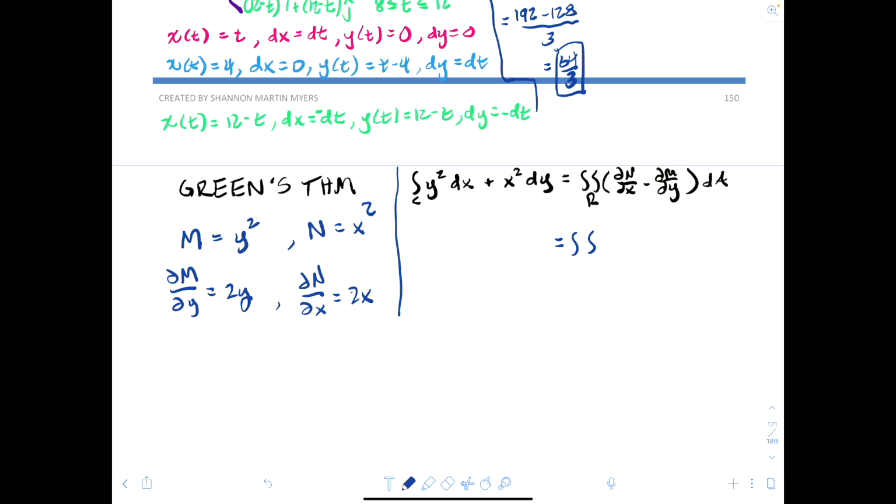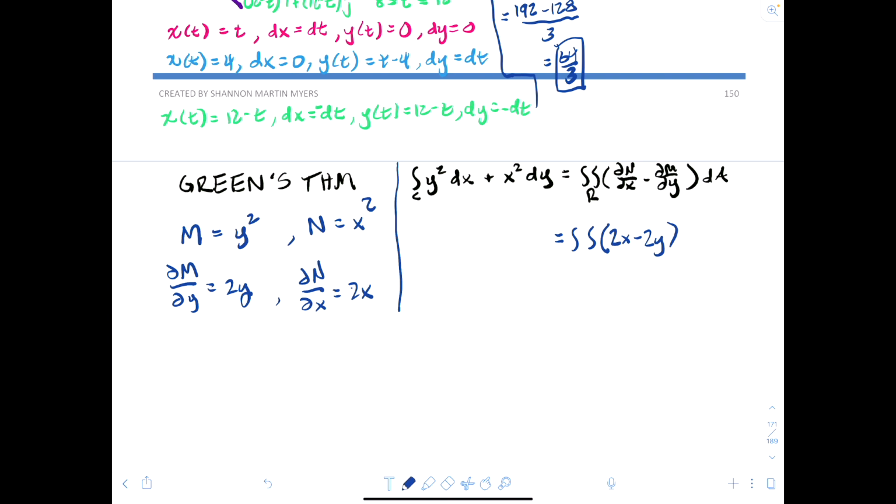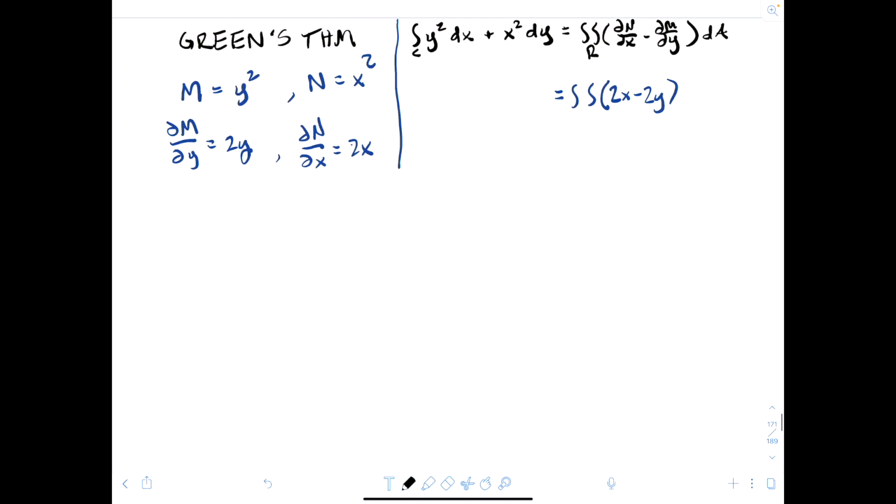First off, the partial of n with respect to x was 2x, and then we'll have minus 2y. Now, for our area, let's copy our picture here. Actually, we're not going to do that. We'll make another one because we're going to utilize it differently. Okay, so we have our x and our y.